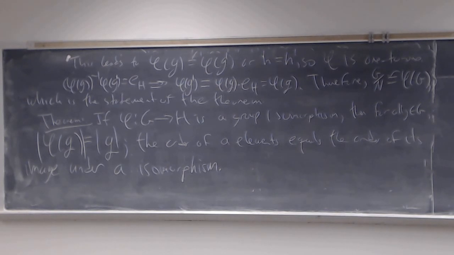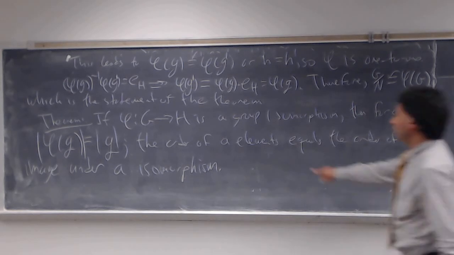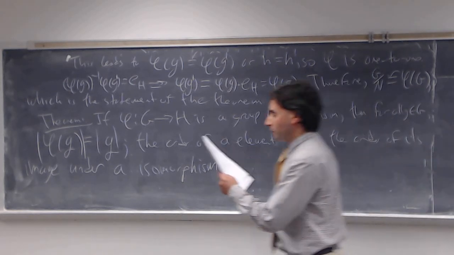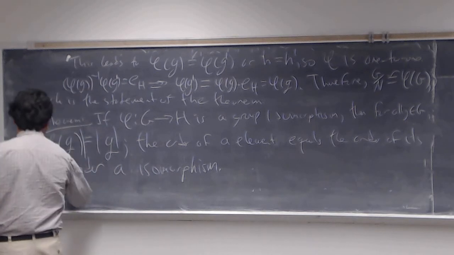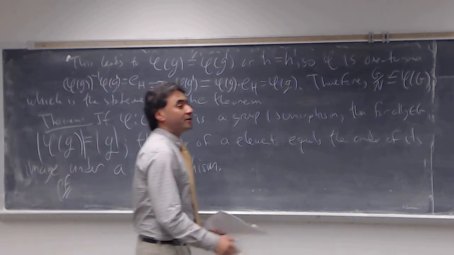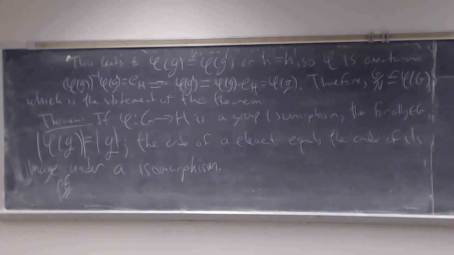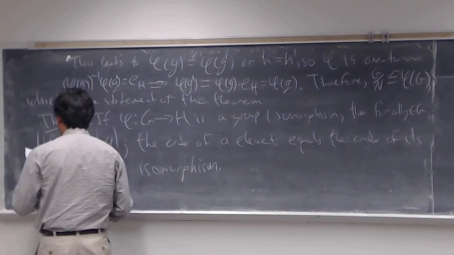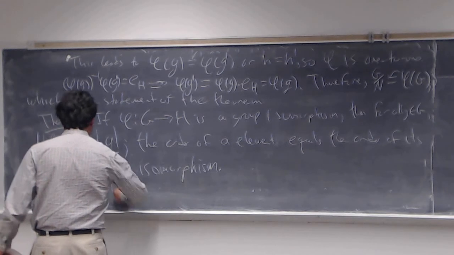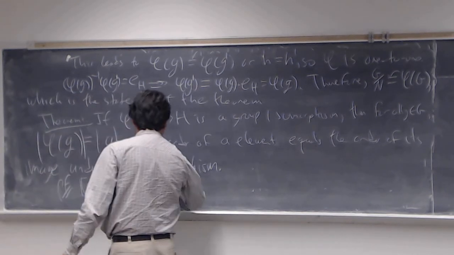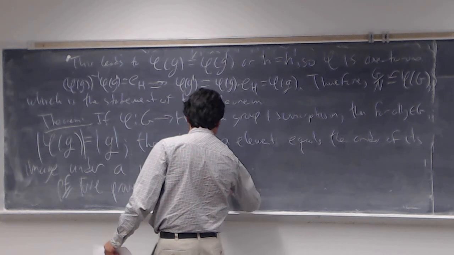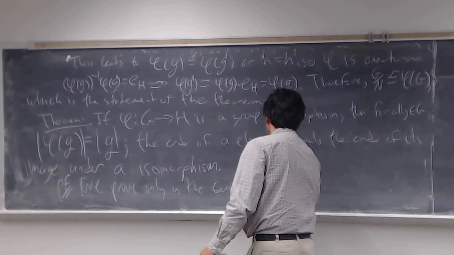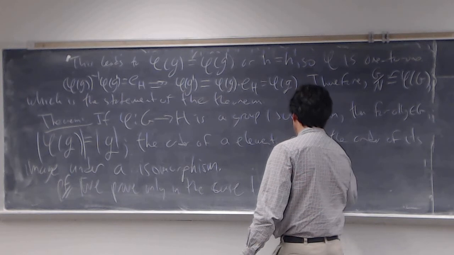Okay, so let us prove this. Let us prove only in the case that it's finite. But it's true in the case where it's infinite. If you have an element that has infinite order, then under an isomorphism, it must also have infinite order. So we prove only in the case where the order of G is finite.